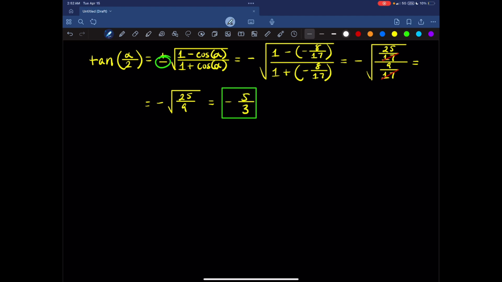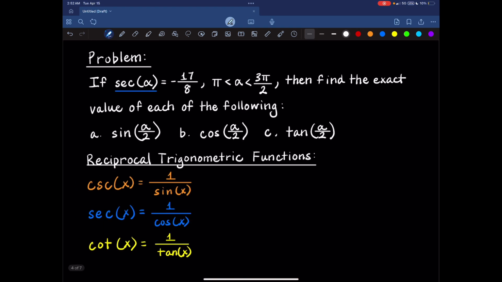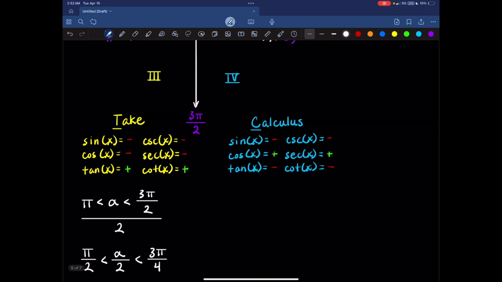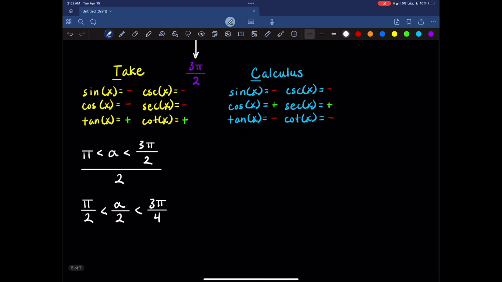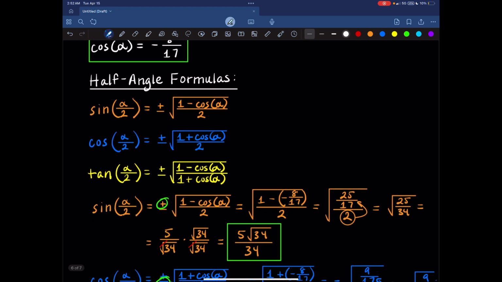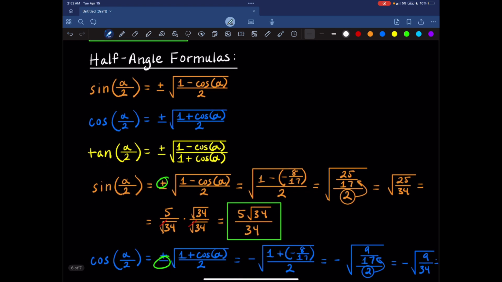And that's it. We have successfully found the exact value of all three of these half angles. To recap, we talked about the reciprocals of trigonometric functions, the signs of those trigonometric functions with respect to their angle and quadrant using the All Students Take Calculus trick, and then we found the quadrant of the half angle, and then we found the cosine of alpha using the secant of alpha that was given to us in the problem, which we used in the half angle formulas to calculate the exact values.